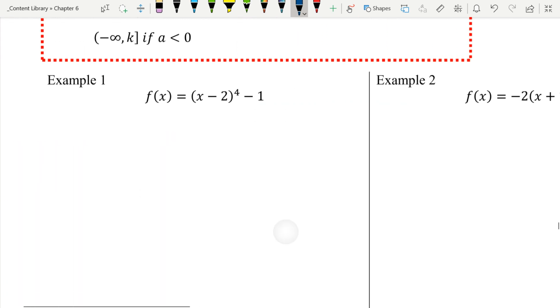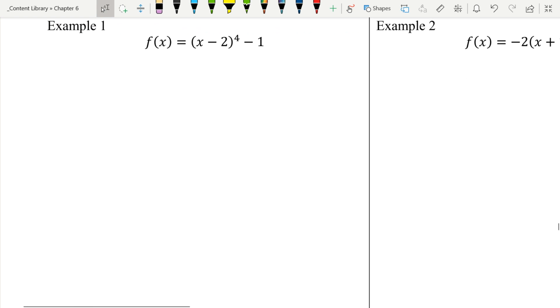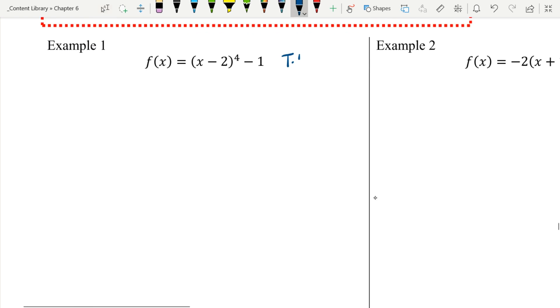So when we look at this graph, (x minus 2) to the power 4 minus 1, we know that the turning point must be 2, -1. Okay, that must be the turning point. And it's a positive graph because the coefficient is positive, so therefore it's this shape, the upwards one.